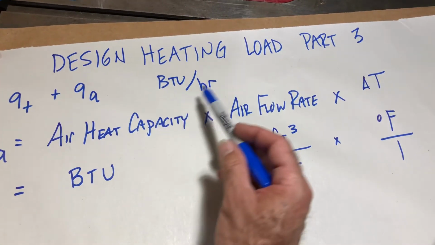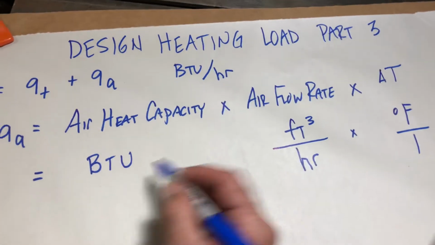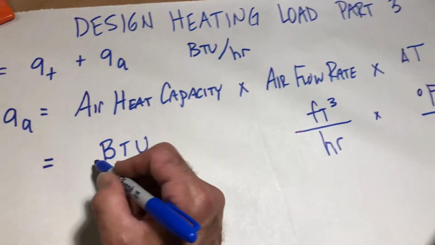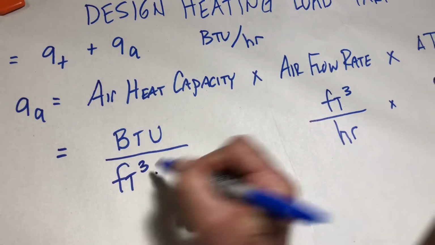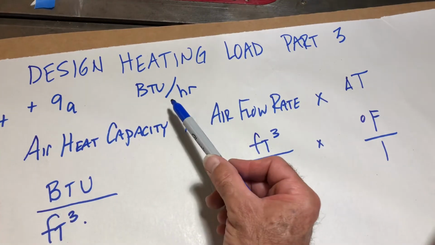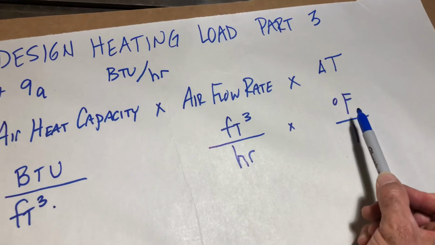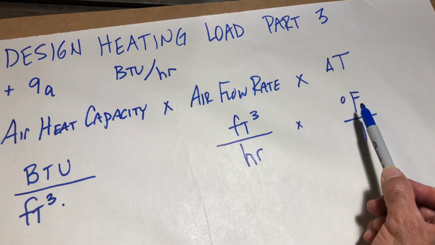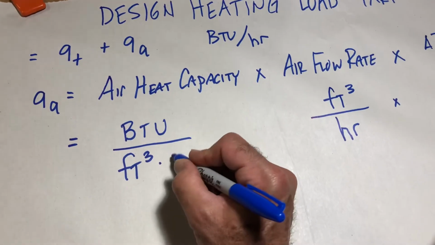Well, we've lost our cubic foot in our final answer, so we have to have one to cancel it out. And since this one's on top, this cubic foot must be on the bottom. Do we have a degree Fahrenheit up here? Nope. Well, we do here, so we have to get rid of it. This is on top. There must be one on the bottom here.